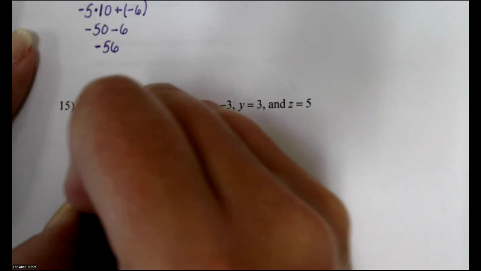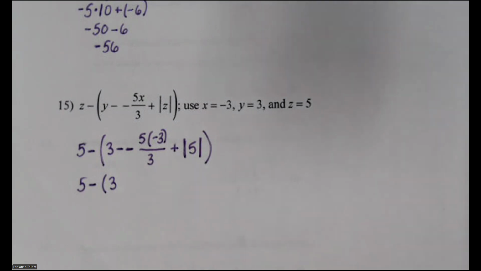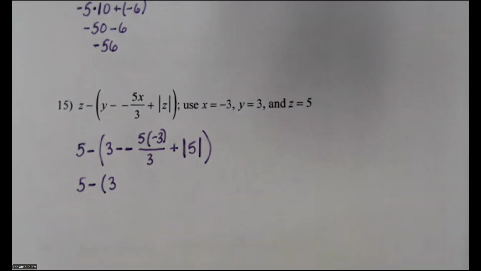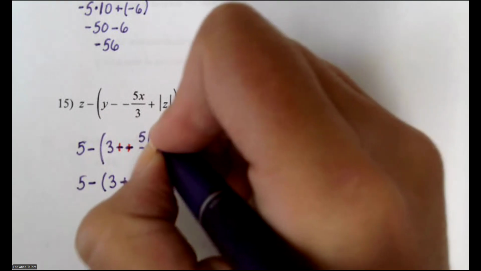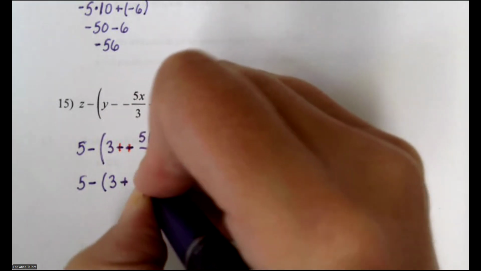Okay, so let's do this slowly. So we have 5 minus, I'm going to leave the 3 alone. And the first thing I'm going to change is that minus a negative into a positive. So I'm going to take that minus a negative and make it plus. And then on the top here, I'm going to multiply that to be negative 15 over 3.